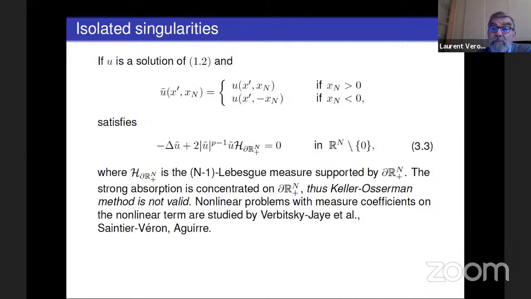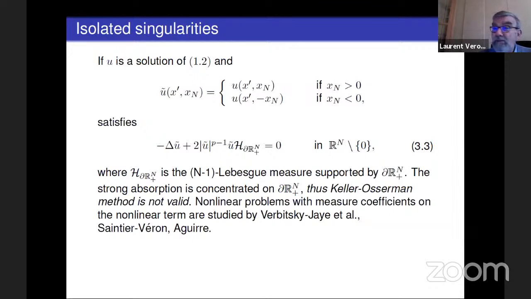Now, nonlinear problems with measure coefficients on the nonlinear terms have been studied by Jaye and Verbitsky and colleagues of Verbitsky, also by Saintier and myself. Saintier is a professor at the University of Buenos Aires. Also, in a slightly different framework, by Nathan Aguirre, who is presently my last PhD student.